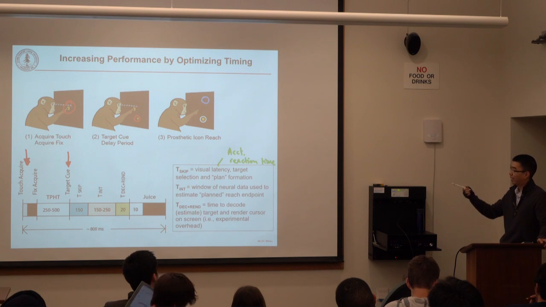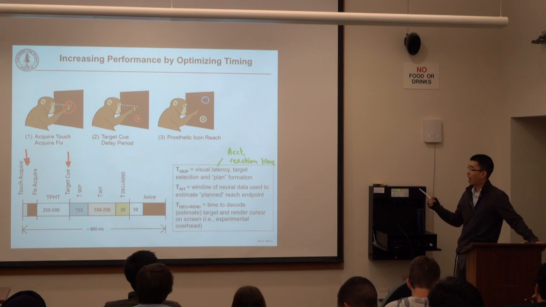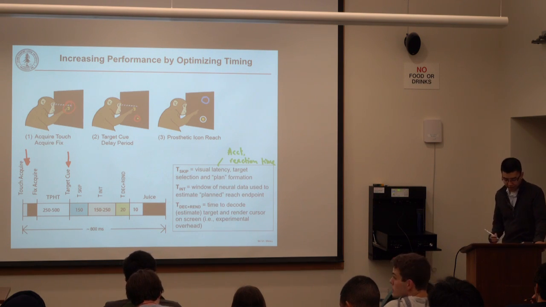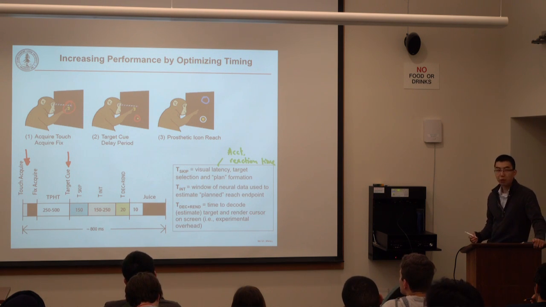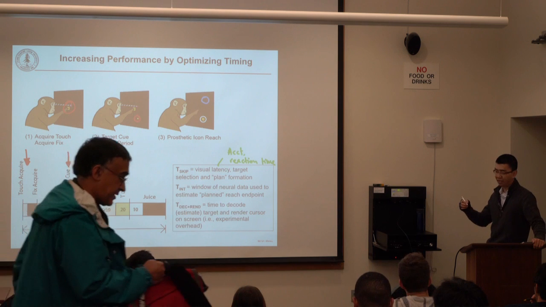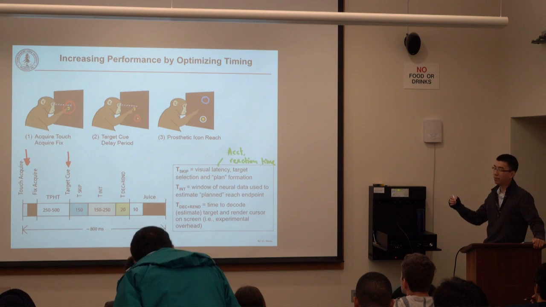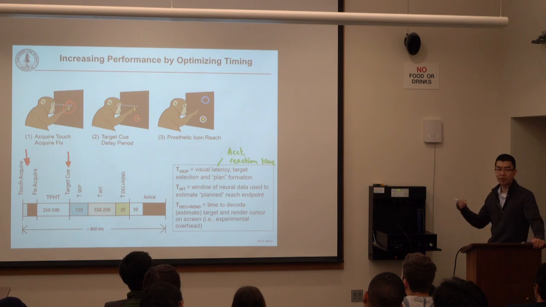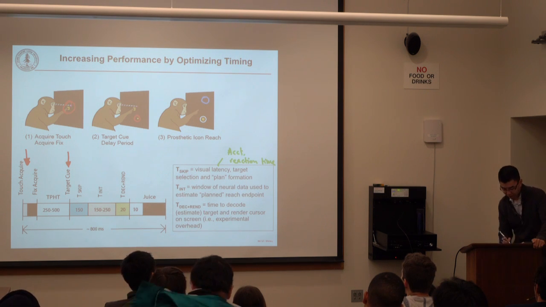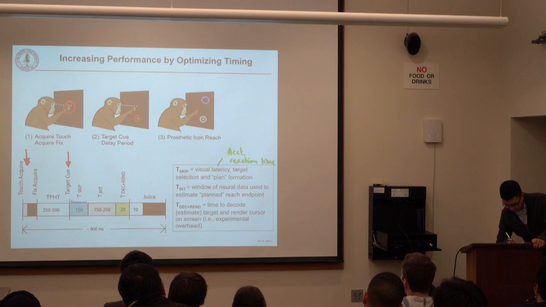And more formally, it's the visual latency and the time it takes for you to actually pick out that target and then select a plan to it. Then after that, after this t-skip, we would think that the activity, and this is the case, the neural activity in the monkey's brain is now reflecting the intent to reach to this target. And so this epoch we skipped.